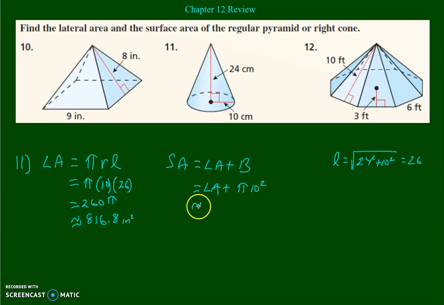And that total value is going to be 1130.97, or you could round to 1131, depending on what the problem was asking for. So there's problem 11. Now let's move on to problem 12, which is going to be a regular polygon problem.